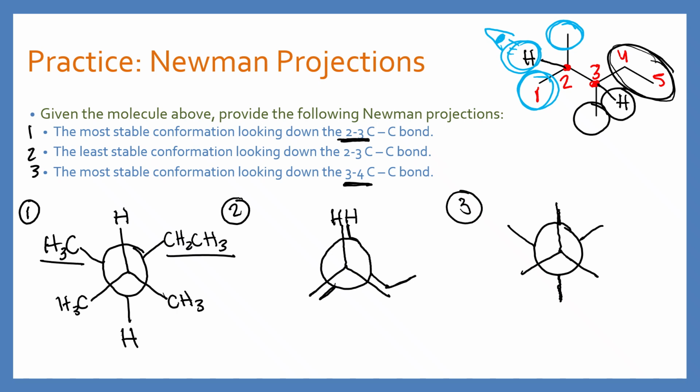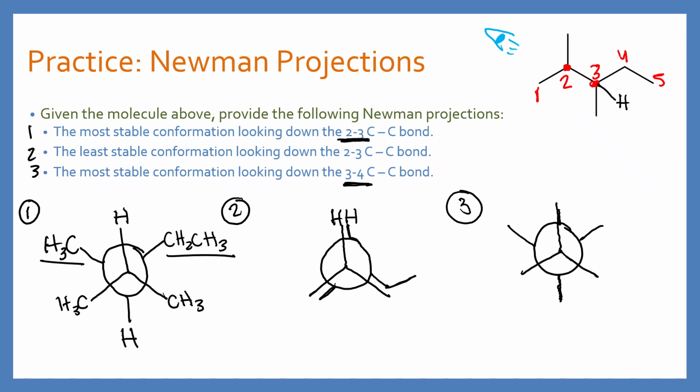Okay, in my next example, I have the most stable conformation looking down the 3,4 carbon-carbon bond. So let's go ahead and erase all this extra stuff that I added on to here. Gotta be careful because, oh, you know what? I didn't draw that out in pencil, so I can just erase whatever I want. Excellent. Okay, so now I'm looking at the 3,4 carbon-carbon bond.